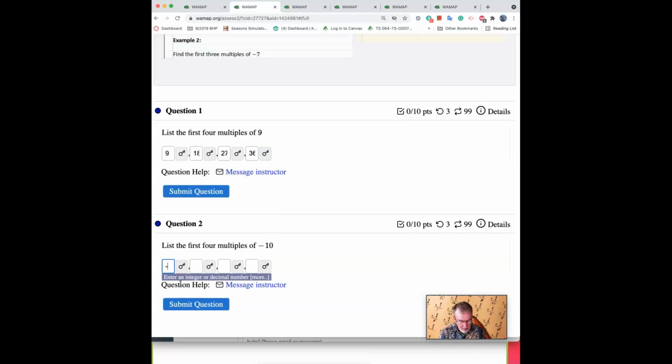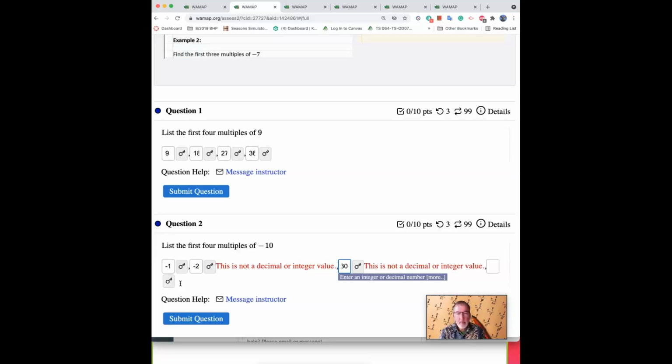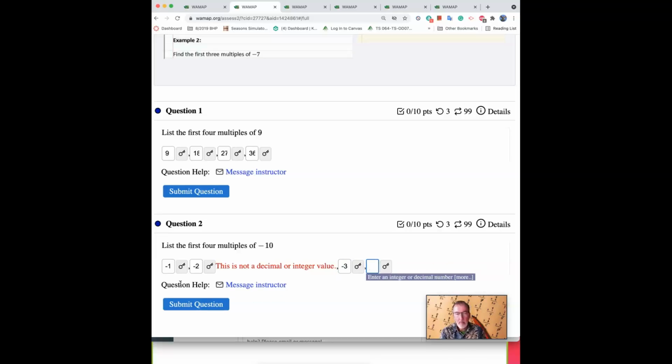So here we have -10, tab over, -20, tab over, -30, and -40. So I wonder what it's telling me. This is not a decimal or integer value.